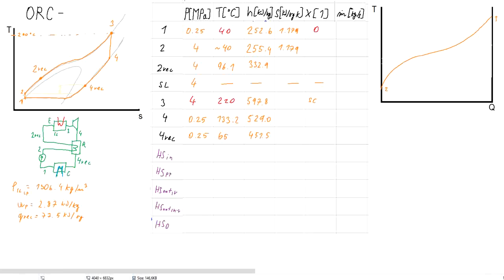And for the heat source, we will neglect some possible presence of the pinch point somewhere here, but we will say that the pinch point will be, again as in previous case, at the low temperature side of the heat exchanger. And the heat source in and heat source out.